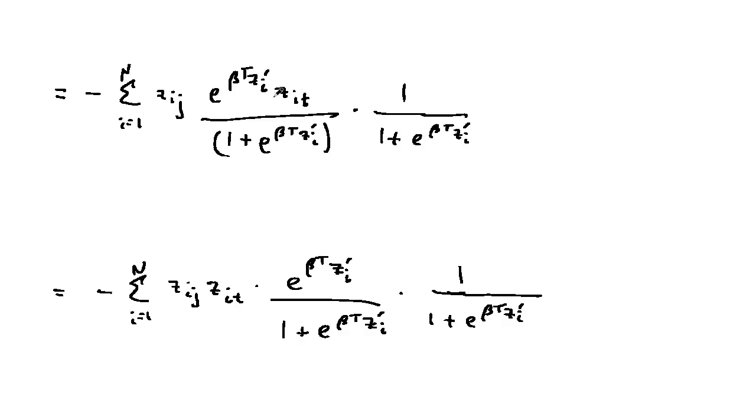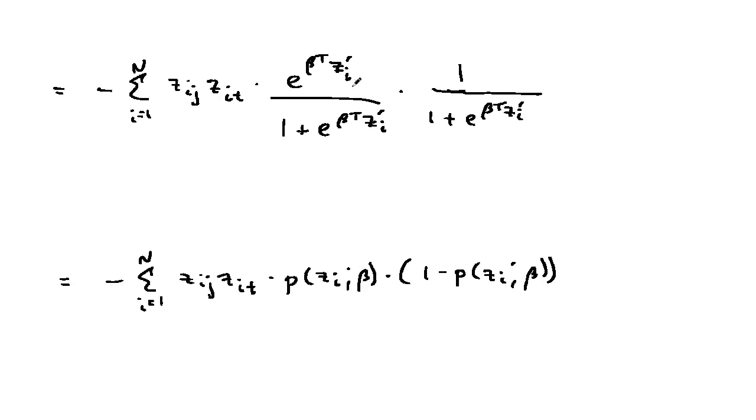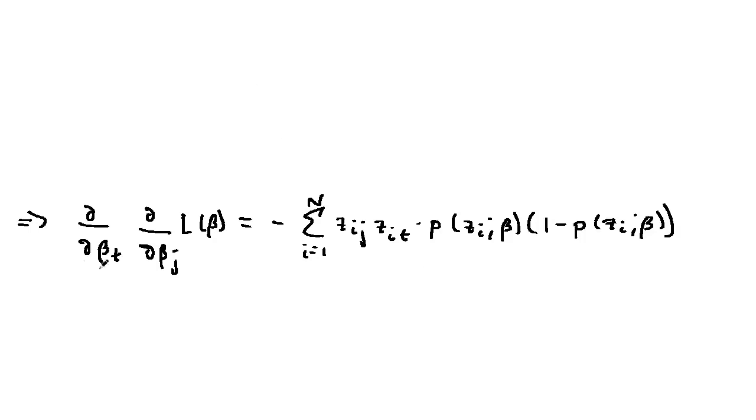So here we have z_it. Let's bring that in front here. Rewrite this part as p of z_i and this part as 1 minus p of z_i. So the partial with respect to beta t of the partial with respect to beta j of L of beta is given by this.